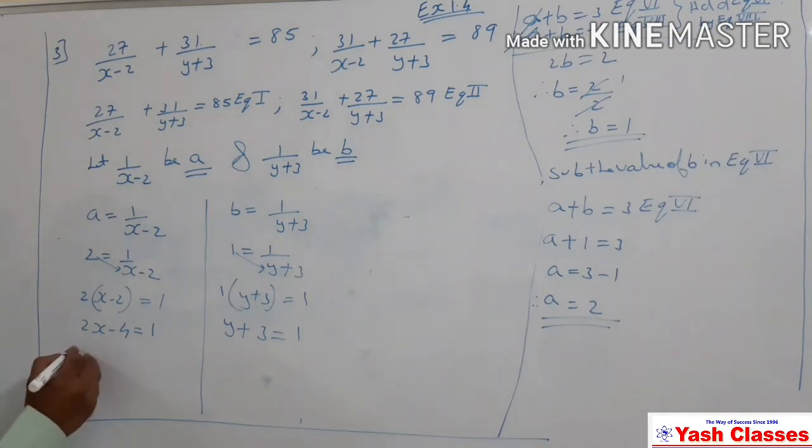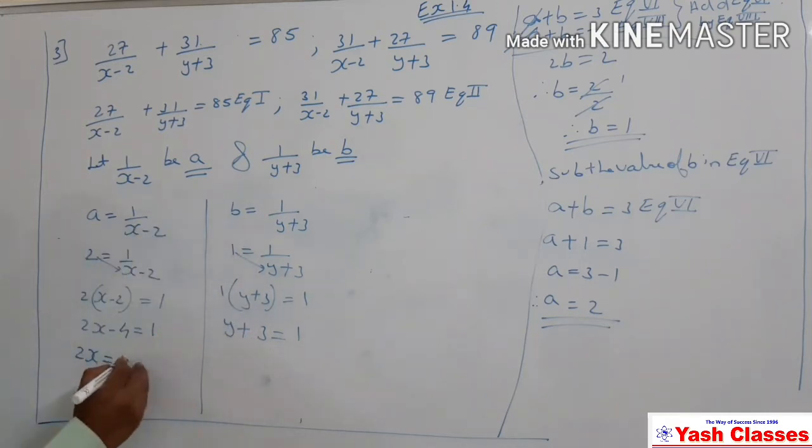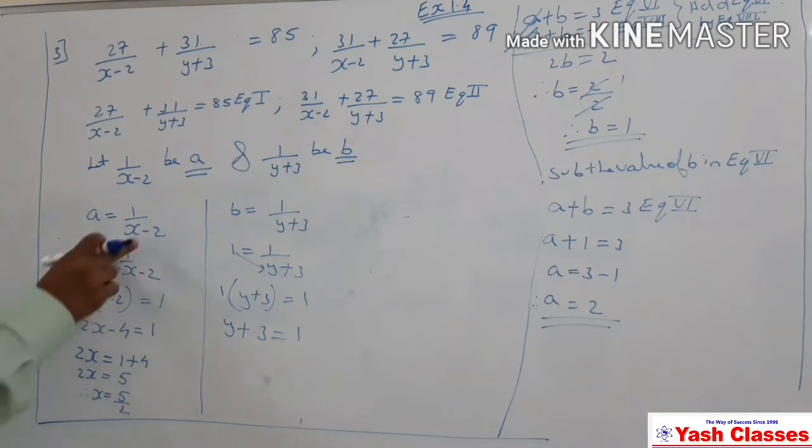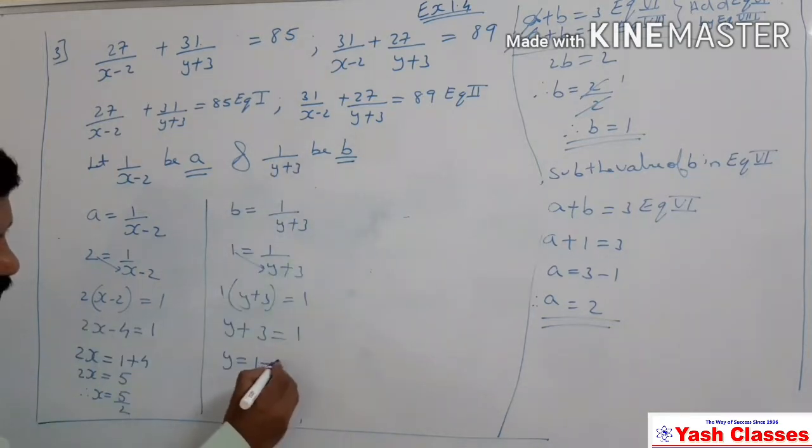Okay, now see here, 2x is equal to 1, and this 4 we are bringing here, minus 4 will become plus 4. 2x is equal to 1 plus 4, which is 5. Therefore x is equal to 5 upon 2. This one is solved. Y is equal to 1 minus 3, the 3 comes here and becomes minus 3.